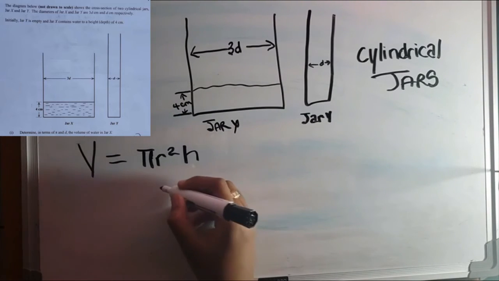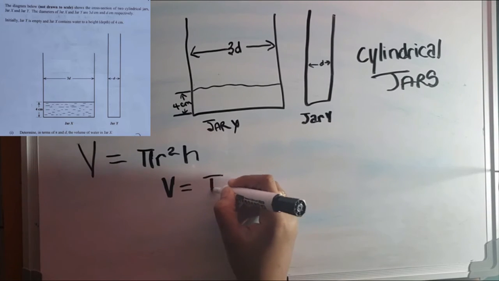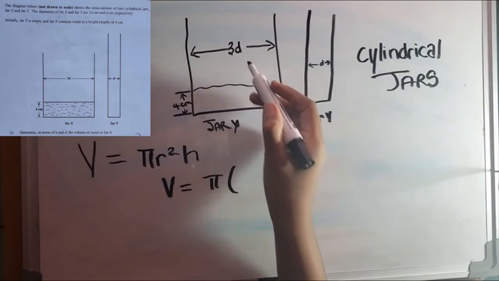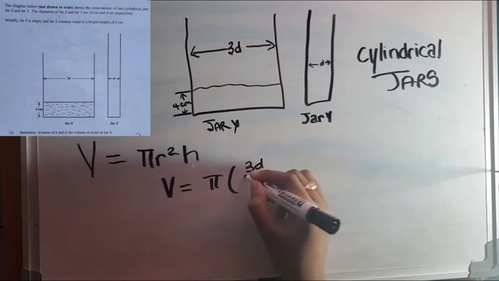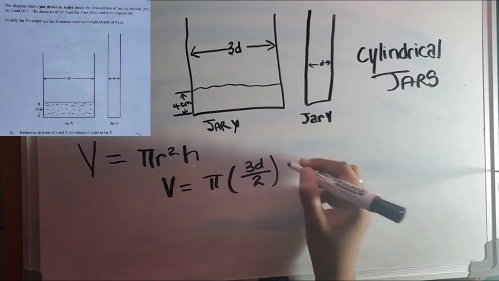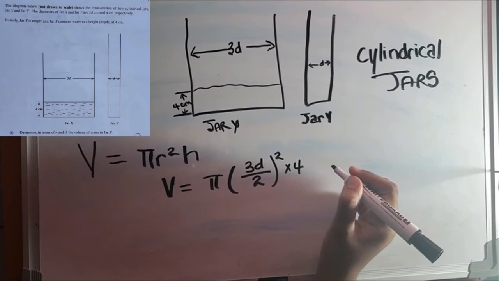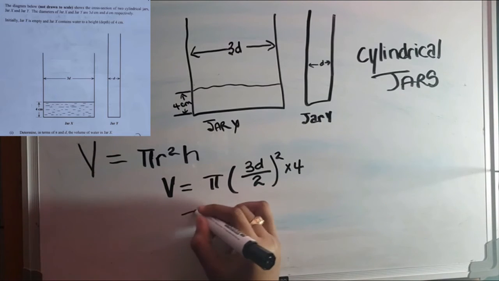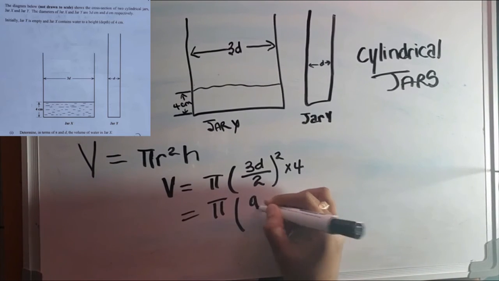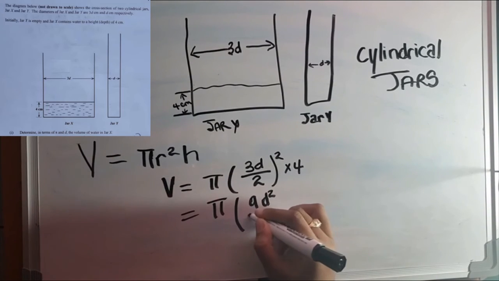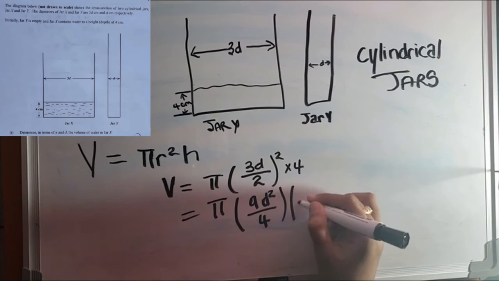Okay, so using this formula, V is equal to pi, open bracket, so r would be half of the diameter, which would be 3d over 2, squared, times 4. That would be equal to pi, open bracket, 9d squared over 4, times 4.